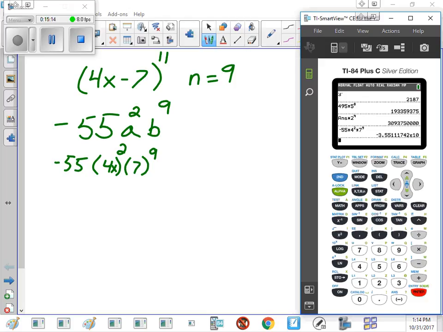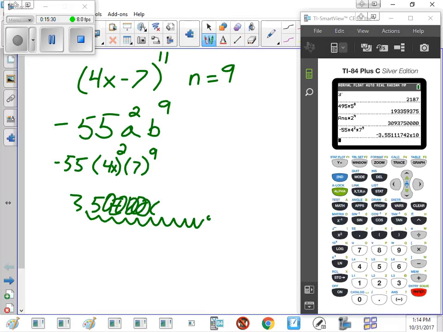Negative 3.5 e to the 10th. 3.5 e to the 10th means I need to move this 10 places. 1, 2, 3, 4, 5, 6, 7, 8, 9, 10. That's a really big number. And that won't happen in your book. Well, you could just write negative 3.5 e to the 10th.